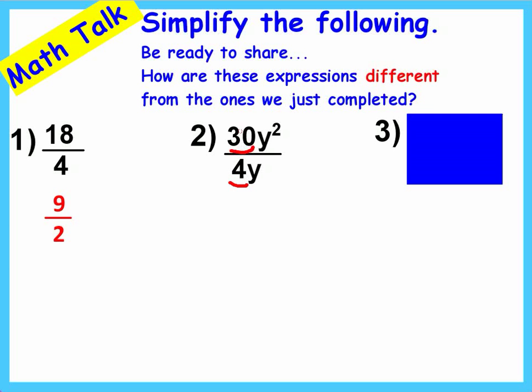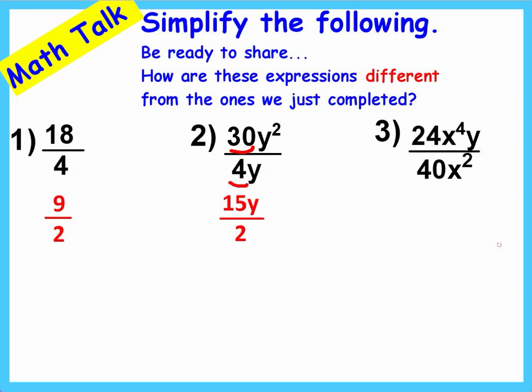So if I divide these two numbers by 2, I get 15 over 2. But now I have variables to work with also. y to the 2nd power, or y times y, over y, leaves us with a y on the top. So we said 30 divided by 2 was 15, 4 divided by 2 was 2, and the y stays on the top next to 15. Try number 3 on your own.